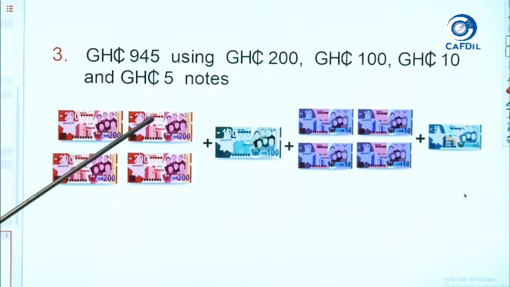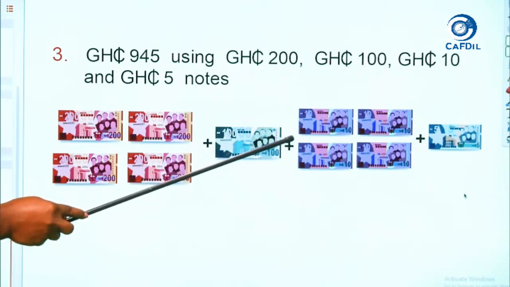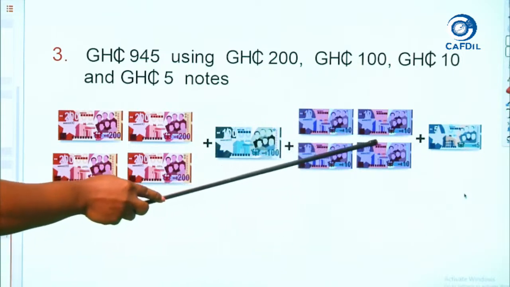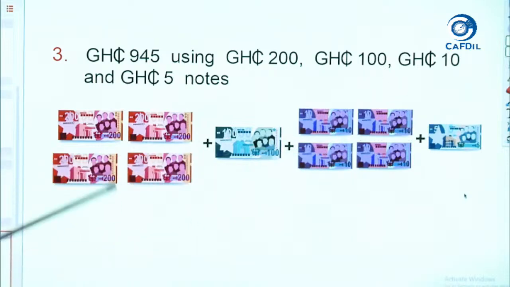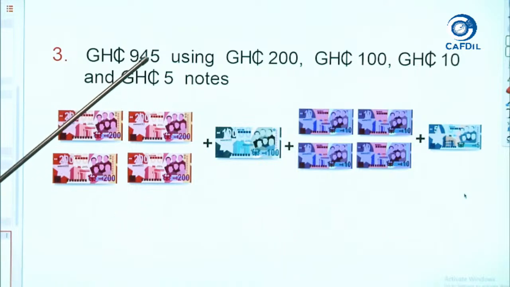So we have 4 of the 200 cedis notes plus 1 of the 100 cedis notes plus 4 of the 10 cedis notes, and the last one plus 5 cedis. So when we add all these, we will get 945 Ghana cedis. We are doing the last one, and I'll give you an assignment.